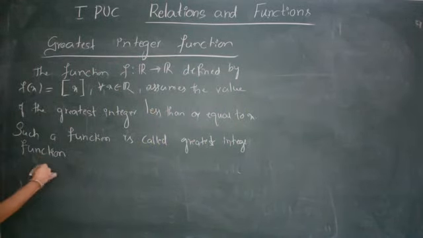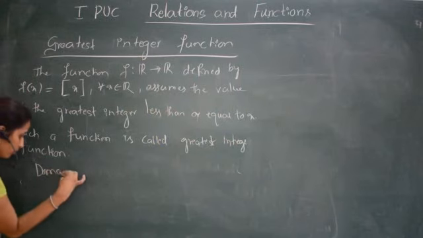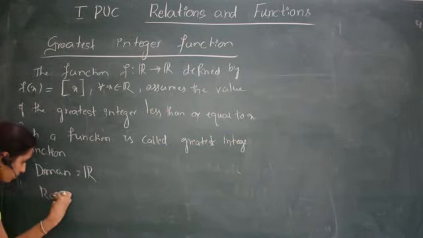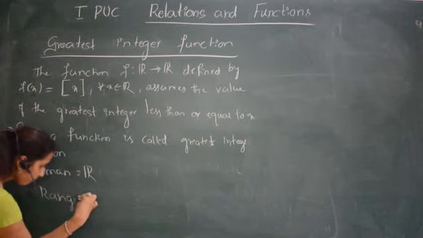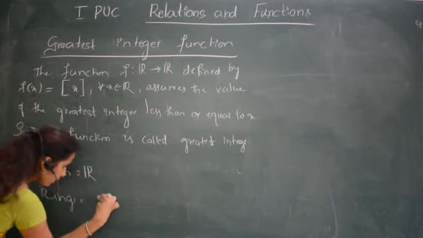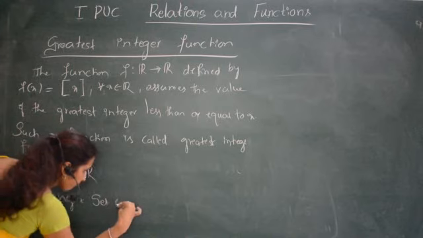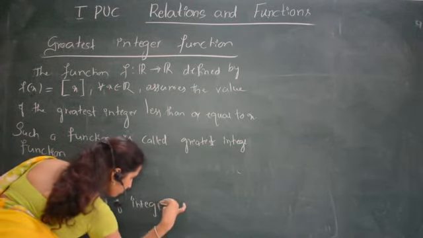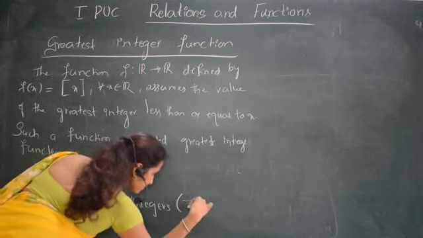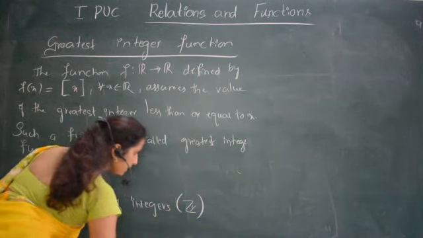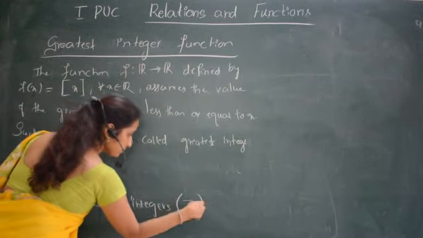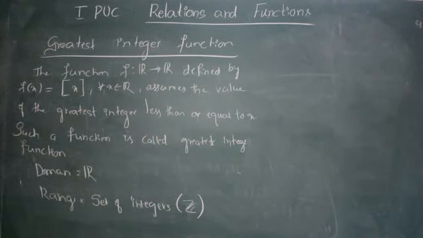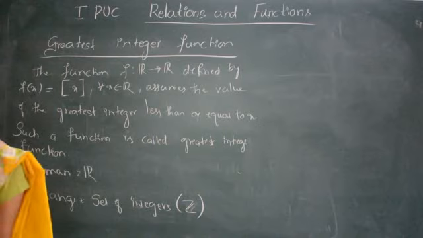I'll write: domain is a set of all real numbers and range is a set of integers. Or you can write it as just Z. You can write this as Z also. So this is the definition of a greatest integer function.